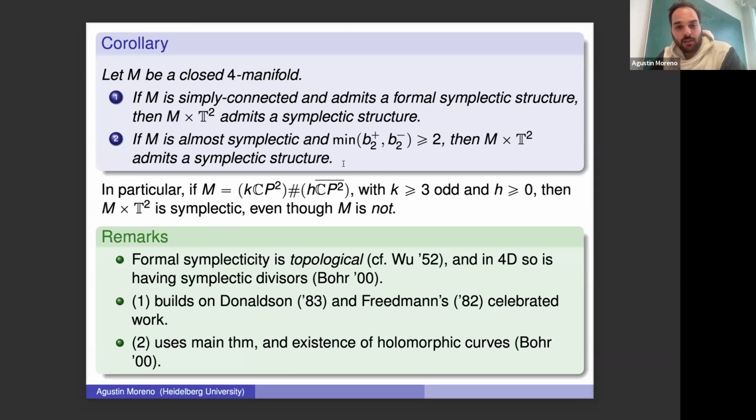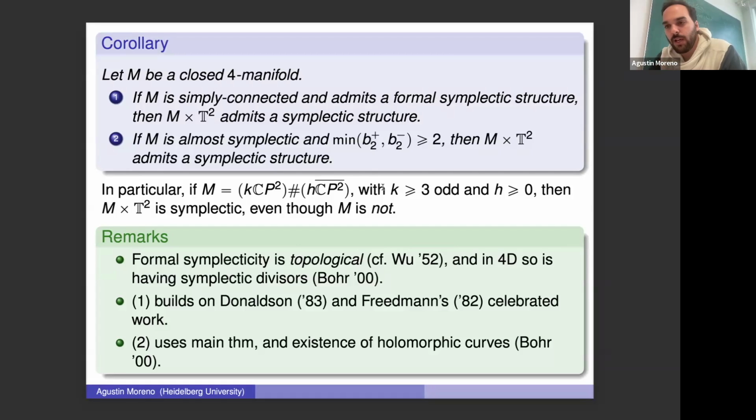And the second part of the corollary, this condition, you should really think of it as actually equivalent to saying that the intersection form is strictly indefinite. Okay, so this is what it really means. And we use the main result and also these results of Bohr, which tell you that holomorphic curves exist under this assumption.